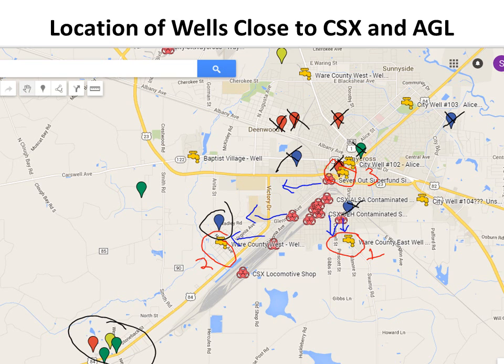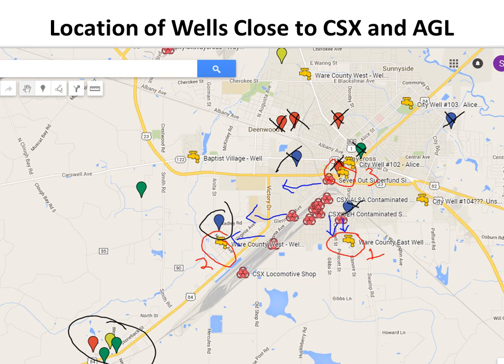So all of the contamination that may be present on the west side of the CSX property, whether it's 7 Out or Atlantic Gas, or these other potential sites down here, these newer operations that CSX has, all of that groundwater would flow to the left towards the Emerson Park well. So that's why Gilchrist and Emerson Park wells are of interest to us.